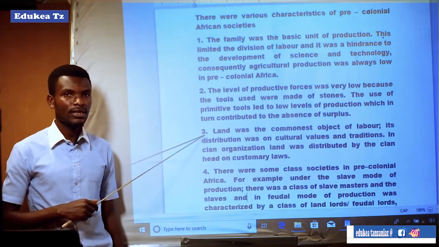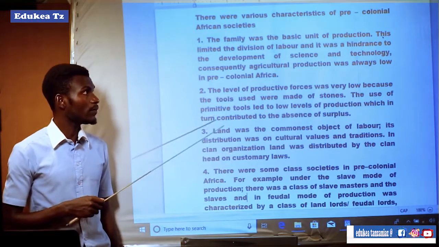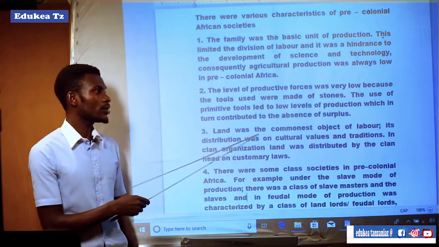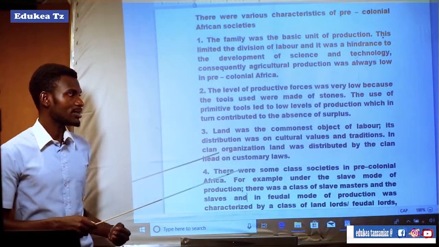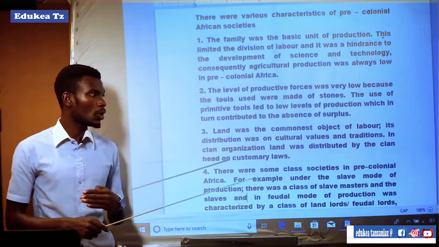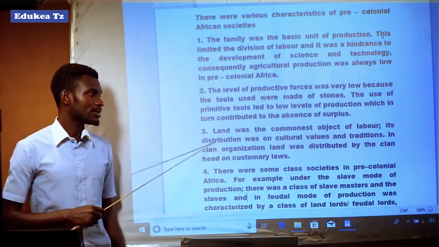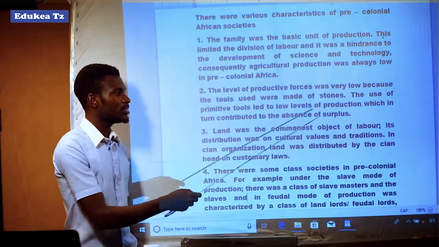The third characteristic of the feudal model of pre-colonial African society was that land was the commonest object of labor. Its distribution was based on cultural values and traditions.